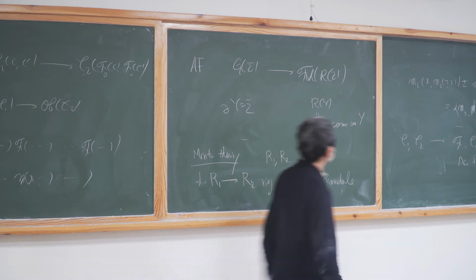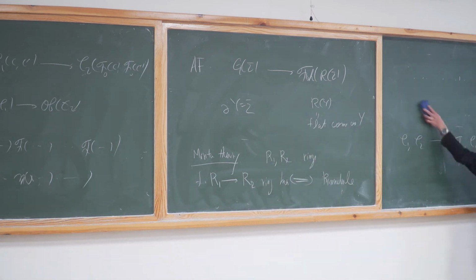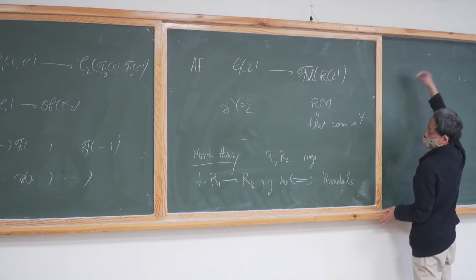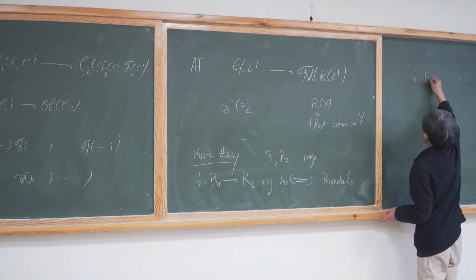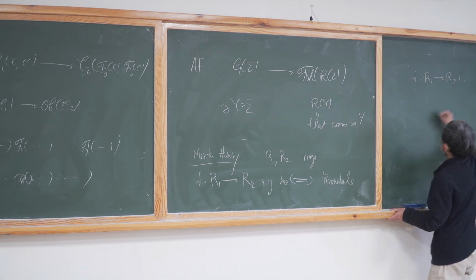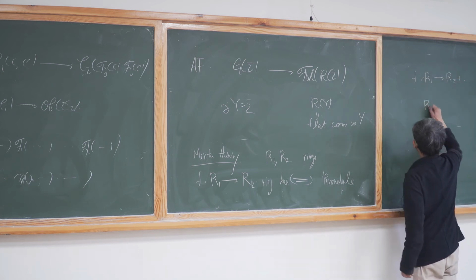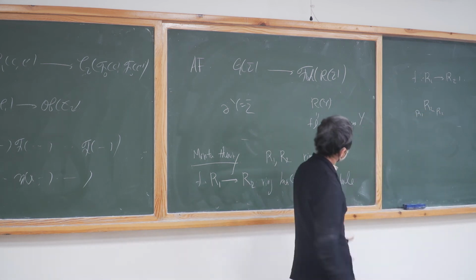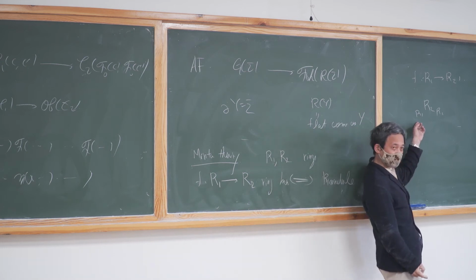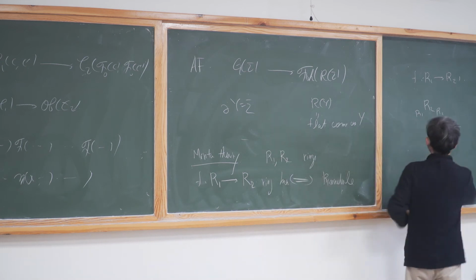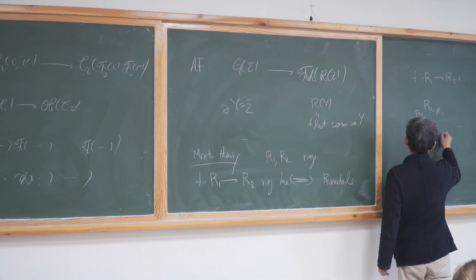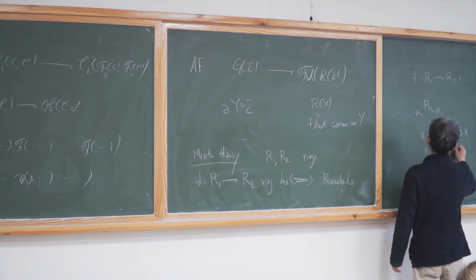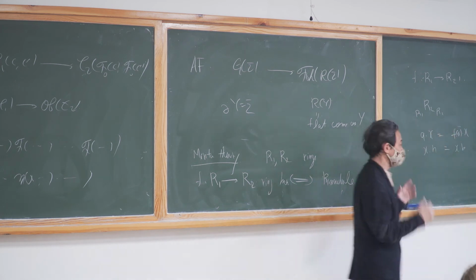What does it mean? You have a ring homomorphism F. Then you have this module over R1 and R2, a left R1 module and right R2 module, so that X·a is F of a times X, and X·b is X·b. This is called a Morita equivalence.